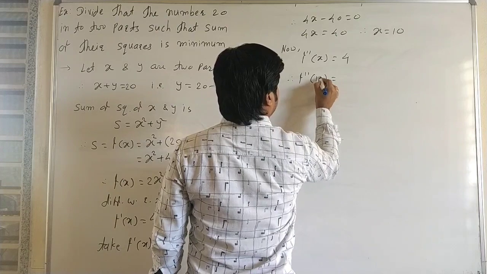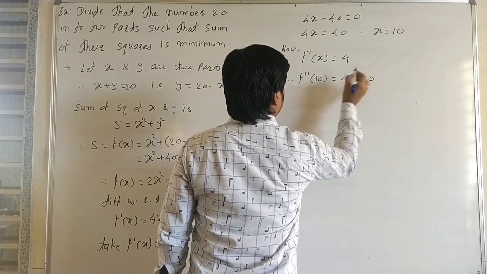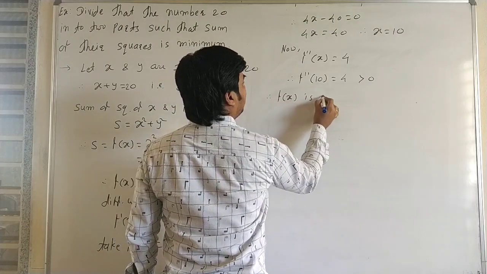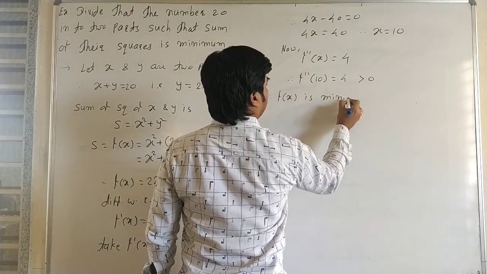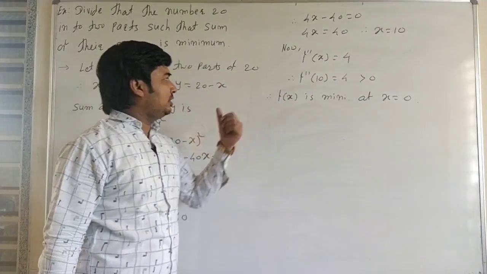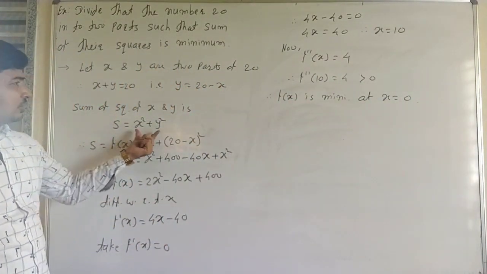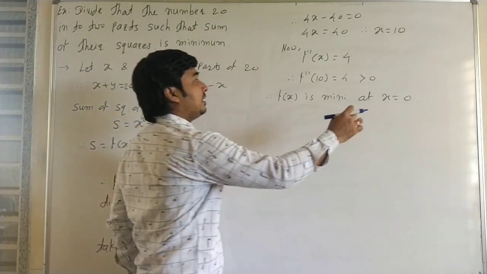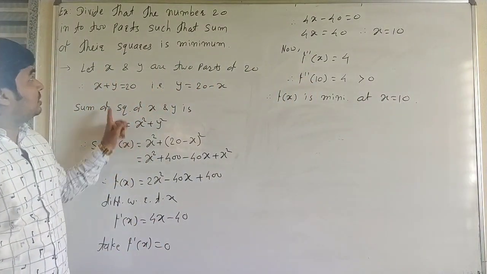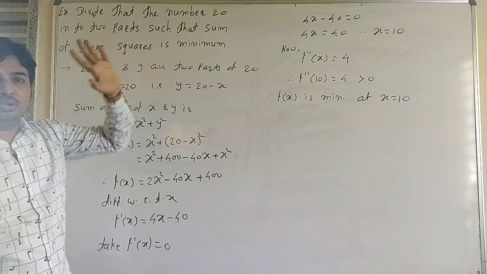Put the value of x, it is 10, it is 4, which is greater than 0. Therefore f of x is minimum at x is equal to 10. That is, the sum of their squares is minimum at x is equal to 10.